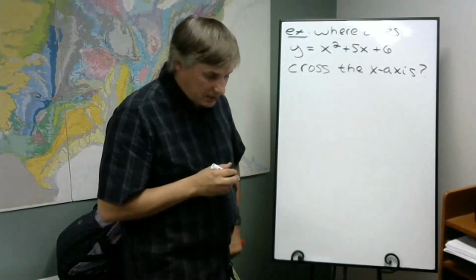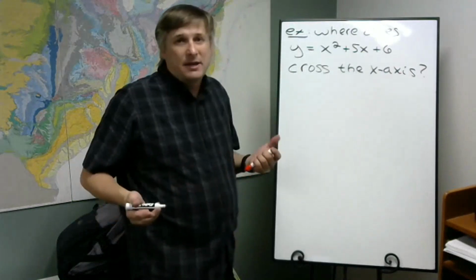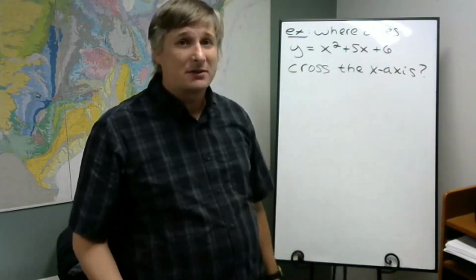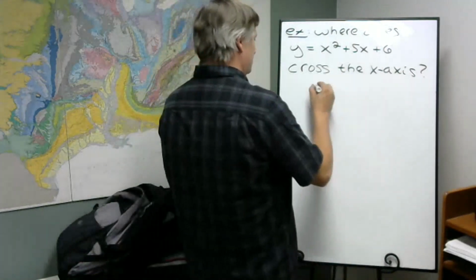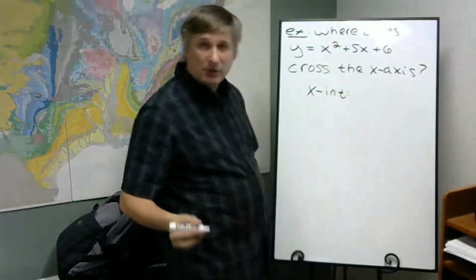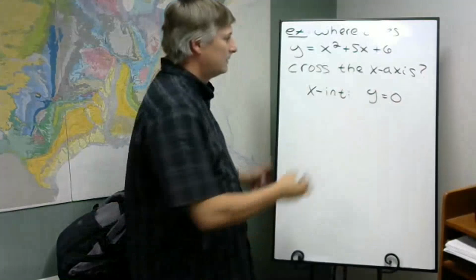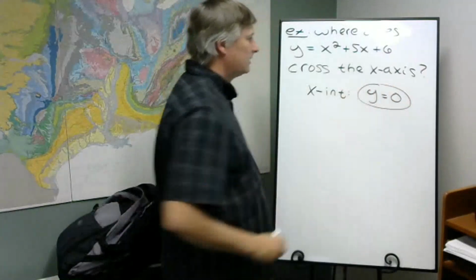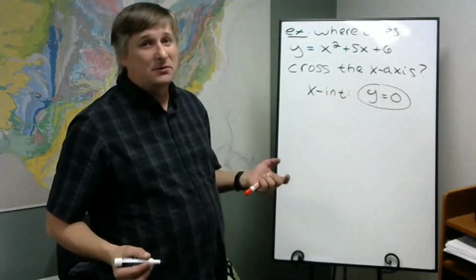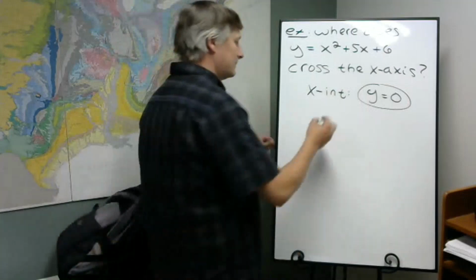So what do we do here? Well, once again, to find out where it crosses the x-axis, we want to find the x-intercept. So for the x-intercept, again, we let y equal 0. So what that gives us is the same situation we've been wrestling with this entire time.